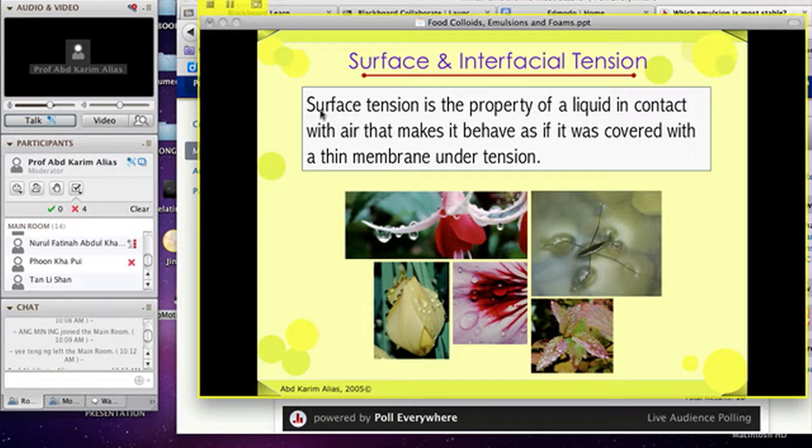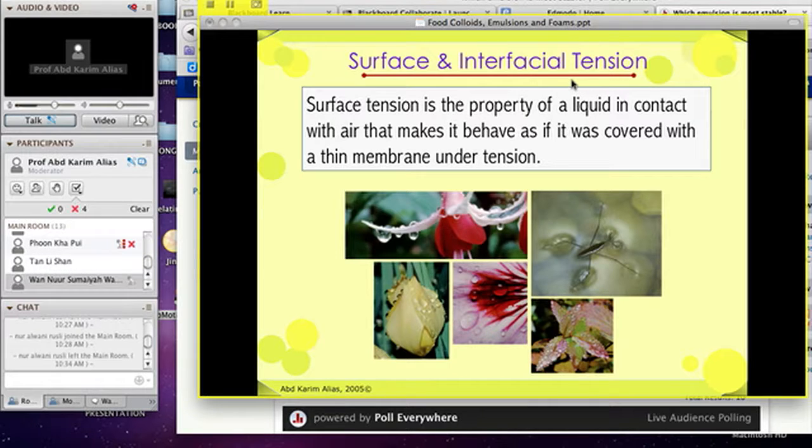The term surface tension usually refers to the interface between a liquid and air. When we have a liquid and a liquid, then we use the term interfacial tension. So you have to differentiate between these two terms.